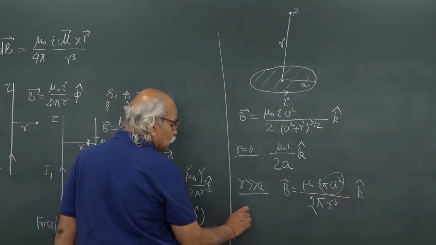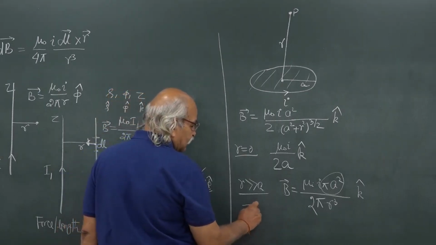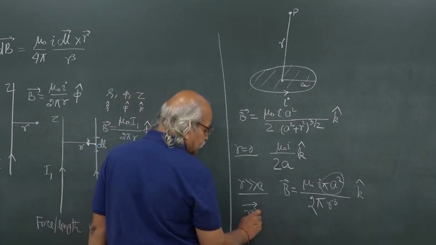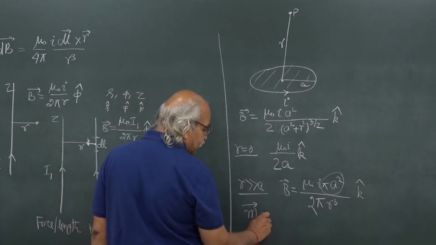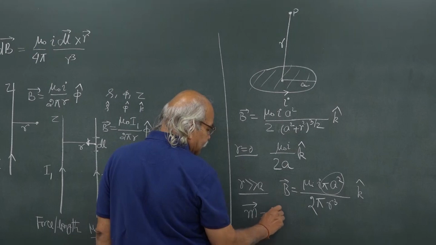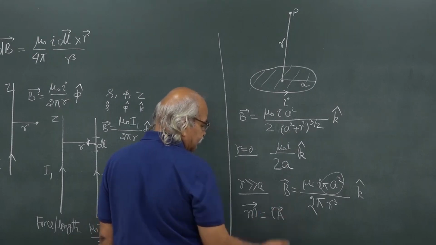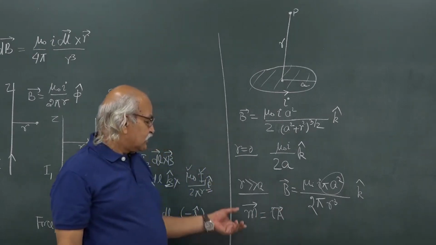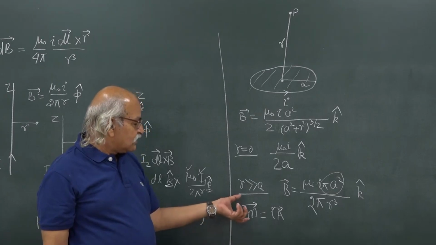The current loop has a dipole moment m, and that is given by I times area vector. This is the magnetic moment. Why do we call it magnetic moment?